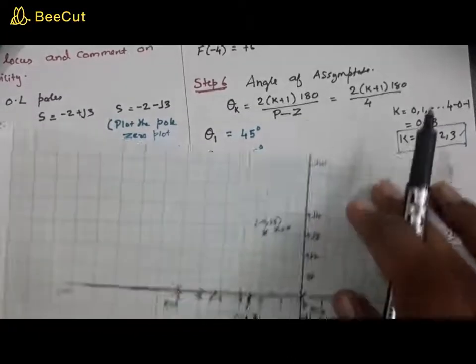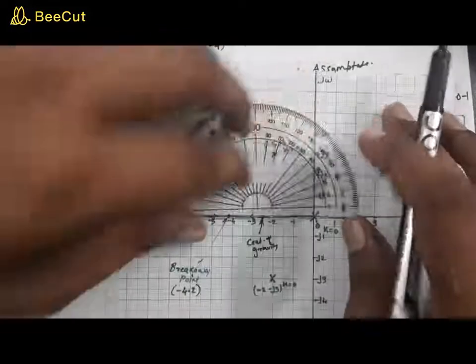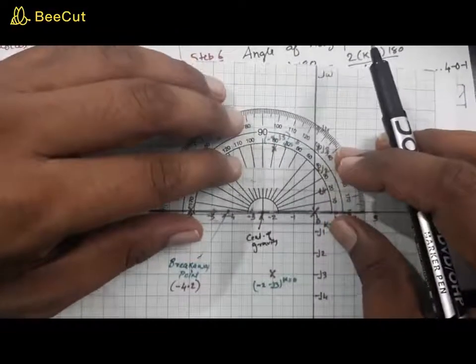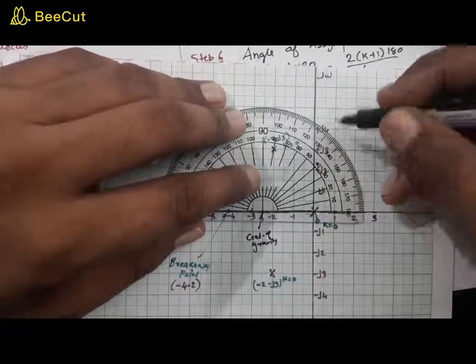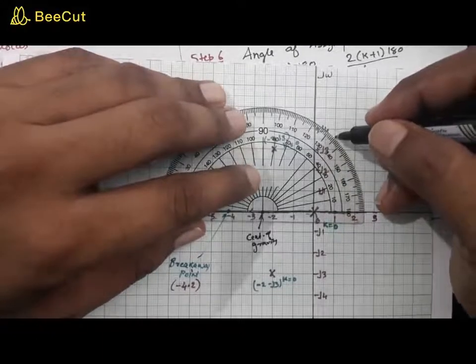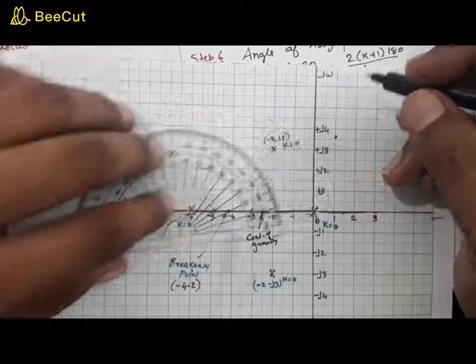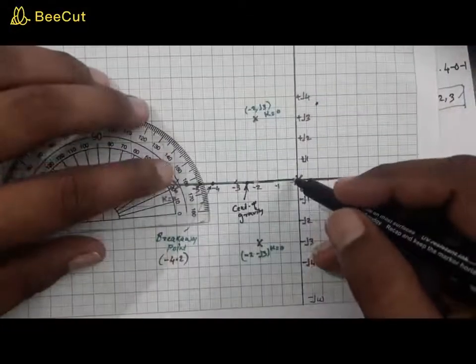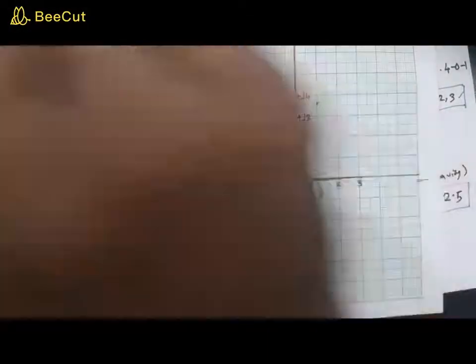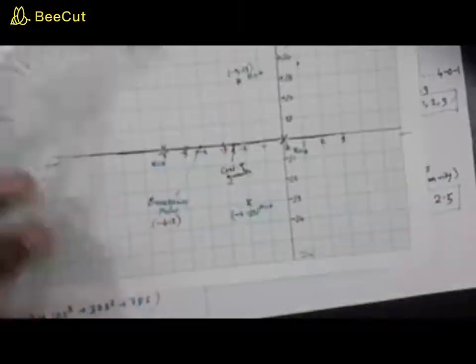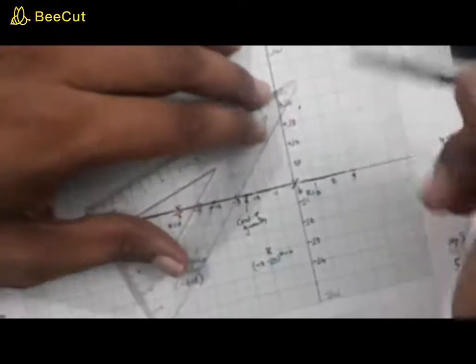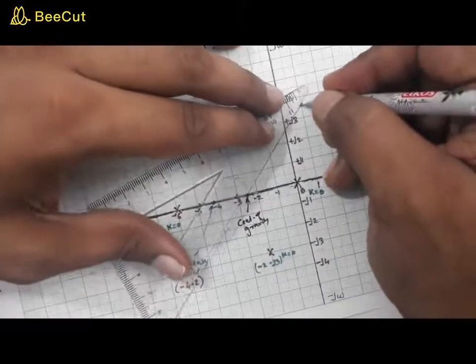So one, I will be showing you how to find this. Place your protractor over at this point. You must be very careful in doing that. So this is your 45 degree, right? This is up, so this is plus 45, that means it is the anti-clockwise direction. So join these two points.